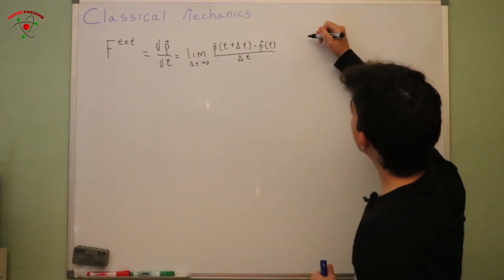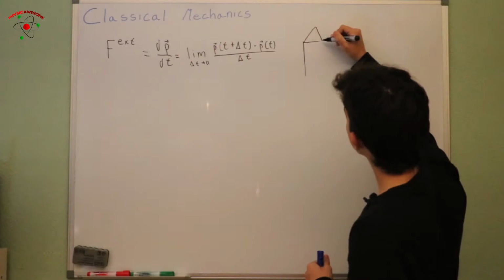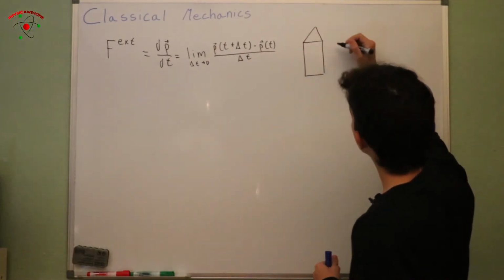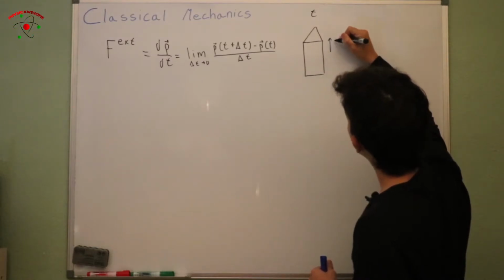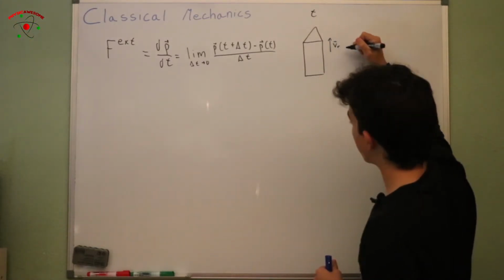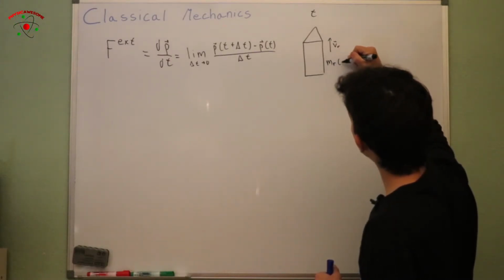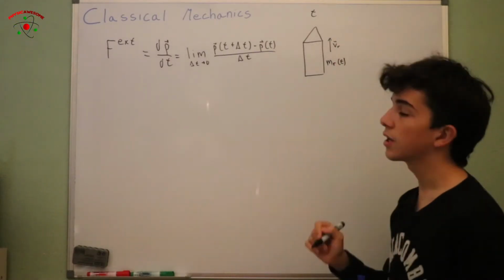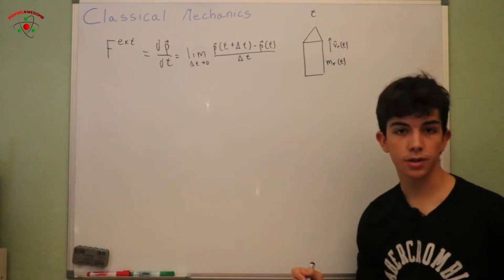We're going to have our rocket. This is going to be at time t, and we're going to have a velocity v_r, and our rocket is going to have a mass m_r of t, and the velocity is also going to be time dependent.